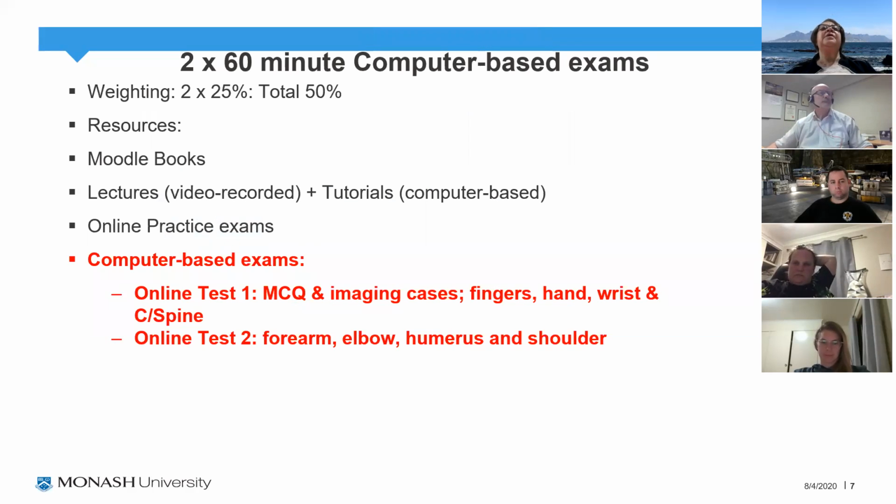Okay, so the computer-based exams, there will be 2 of those, and both of them will be 1 hour in length, and the weighting together makes up 50%, so each one is 25%. As you are aware, all of those resources will sit on the Moodle site, and most of them are presented within a Moodle book.